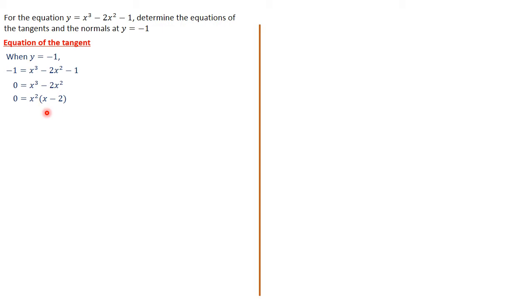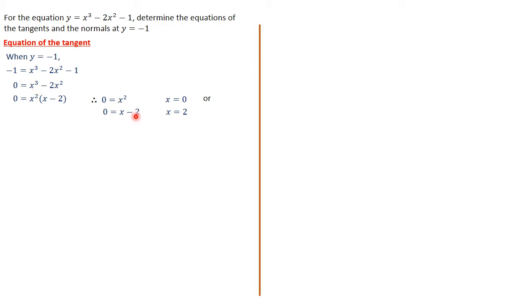We have (x - 2), and therefore we can say that either 0 = x squared, and therefore x is 0, or 0 = x - 2, and therefore x is 2. Now it looks like we have 2 answers here, and yet we have a cubic equation which we anticipated would give 3 answers.